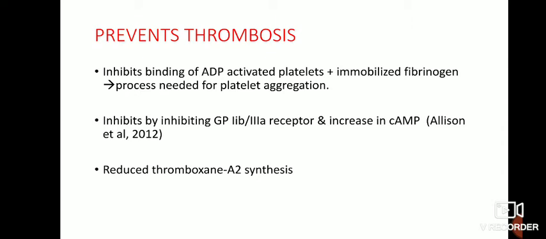So the contents of garlic, mainly allicin, help in inhibiting the GPIIb/IIIa receptor and increase cyclic AMP. This was proved by a study by Allison et al. in 2012. Also, there is evidence that it reduces thromboxane A2 synthesis, which is also a potent platelet aggregator.